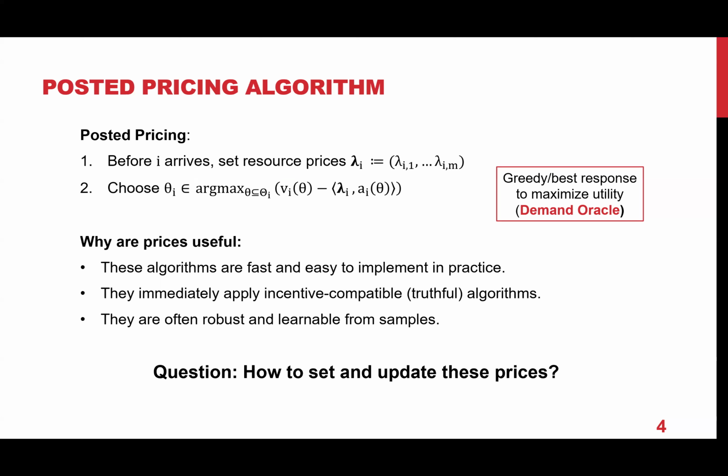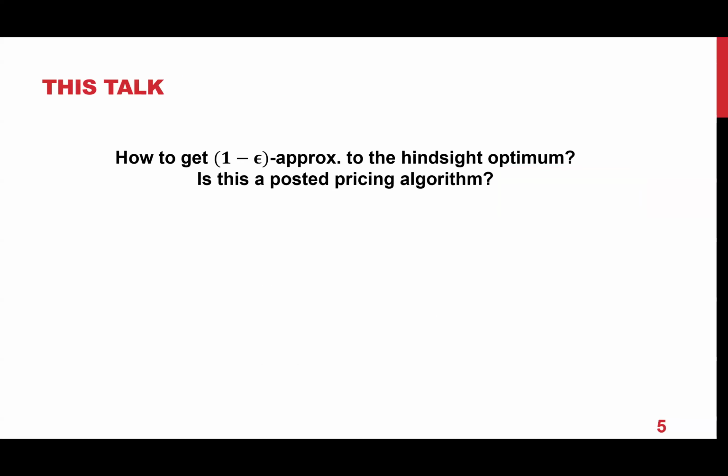What if I only give you some samples? All good? Okay, perfect. So the high level question is how to get a 1 minus epsilon approximation to the hindsight optimum with a posted pricing algorithm. Good. And so that's the objective.